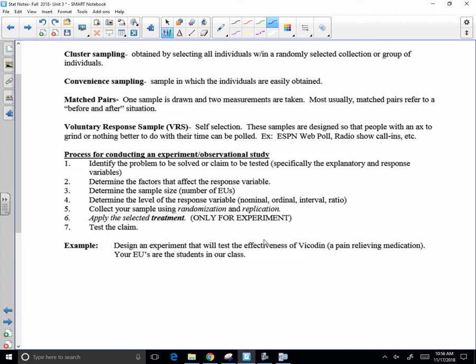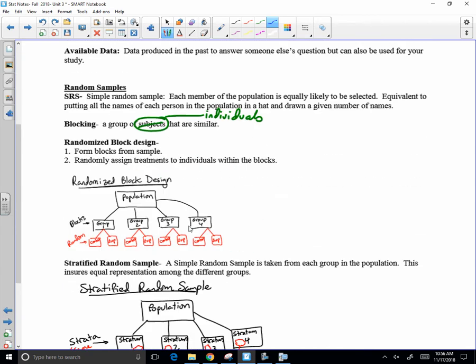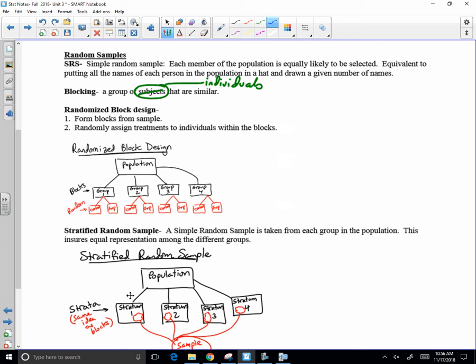All right, yeah, so cluster sampling is obtained by selecting all individuals within a randomly selected collection or group of individuals. So going back to the previous page, when you break up your population into different groups, group 1, 2, 3, 4, stratum 1, 2, 3, and 4, a cluster sample would be the idea that you're going to just select an entire group.